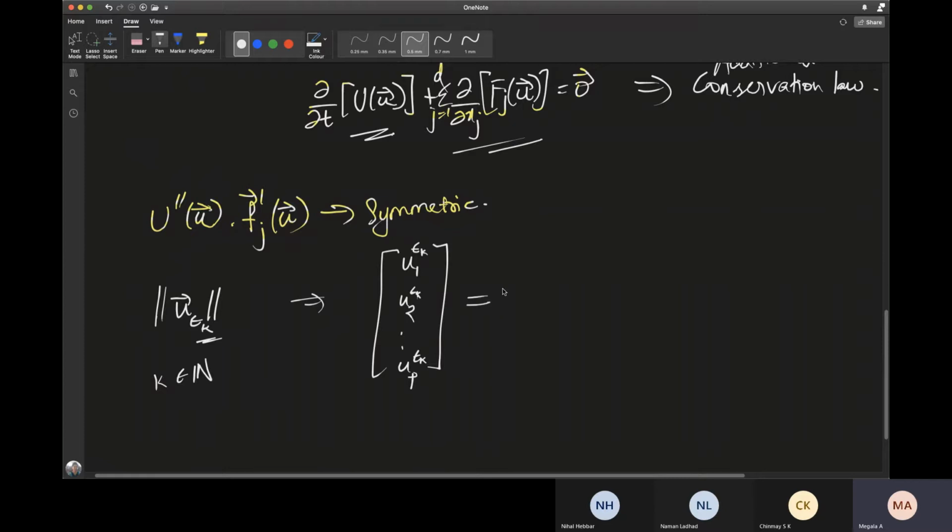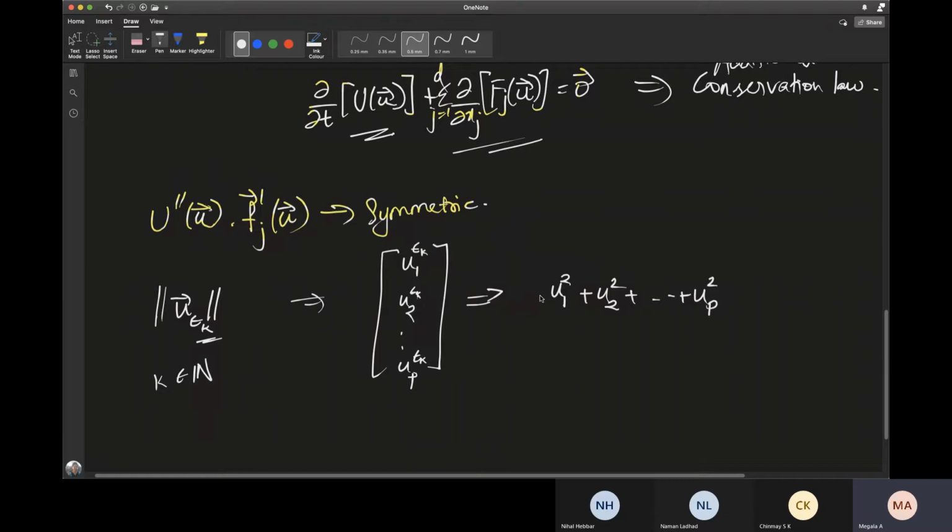So this is your vector norm, and there are different types of norms possible. I'll just tell you what a Euclidean norm will be. I'm not writing epsilon k as the suffix right now, as it would be quite confusing with a lot of symbols.